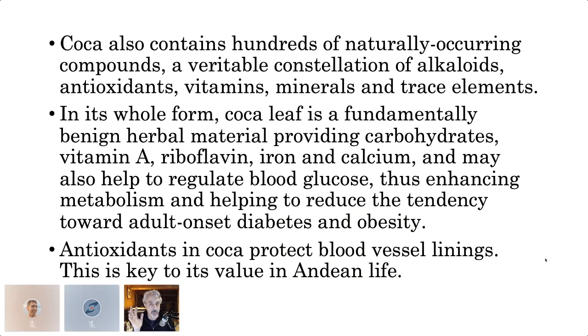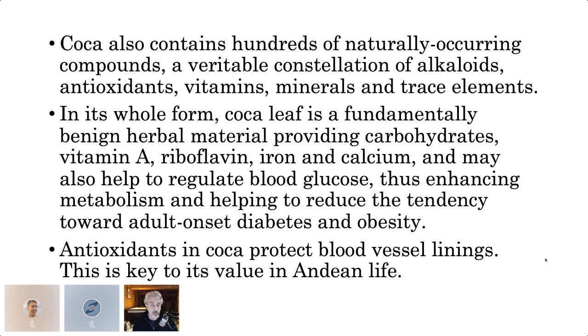It's really a constellation of alkaloids. It happens to be that cocaine is the most powerful of them, but there are many alkaloids, about 17 that are known in coca leaf, plus carbohydrates, vitamin A, some of the B vitamins, some minerals, especially iron and calcium.